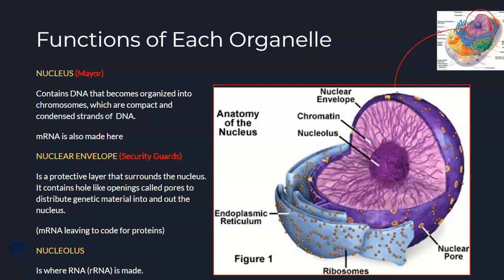And in order for us to code for what that is, we have to have that information leave the nucleus, and it will leave as mRNA. And eventually code for proteins.